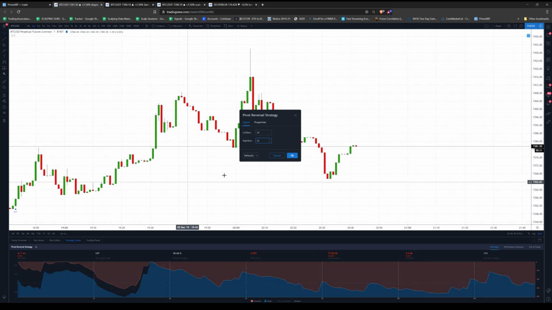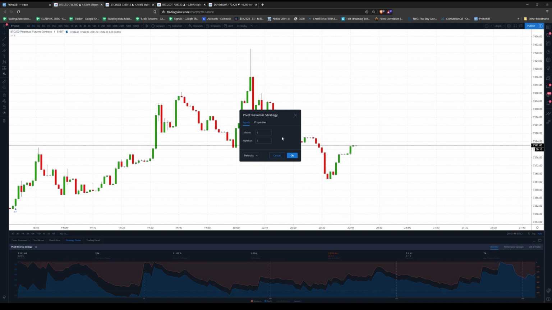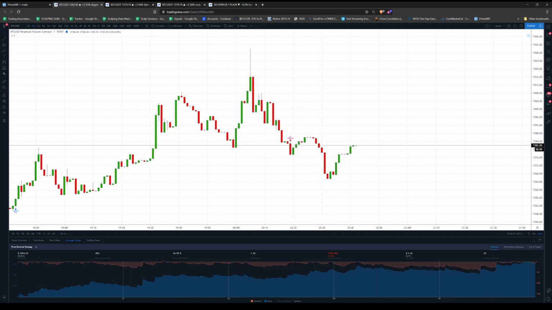Obviously, the higher the bar length, the more chop, or I guess the more time between trades you're going to get. So it turns into swing trading and it gets messy. I like 5 and 3 though. It's worked well for me. I don't see reason to change it.